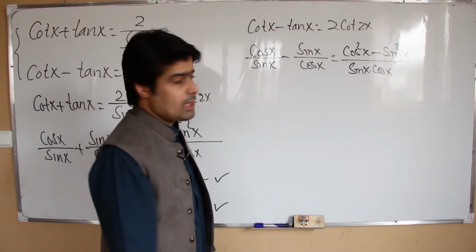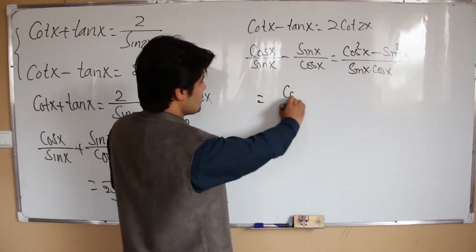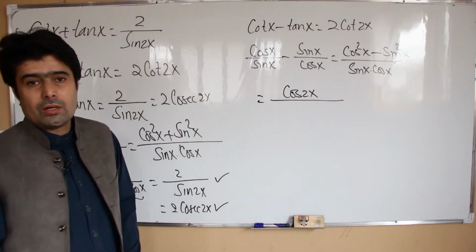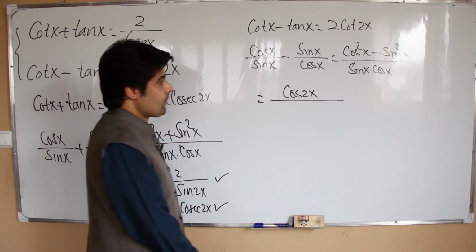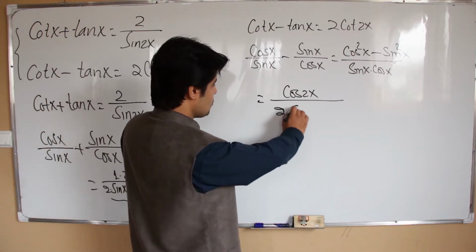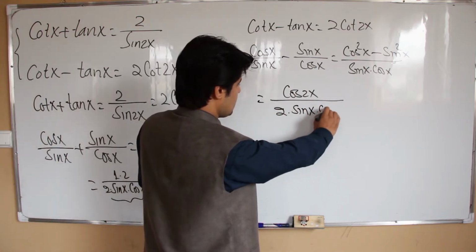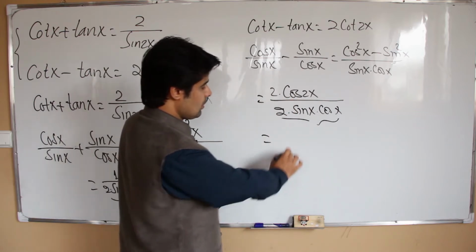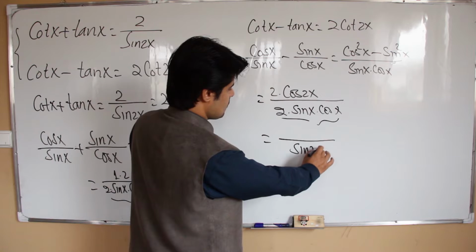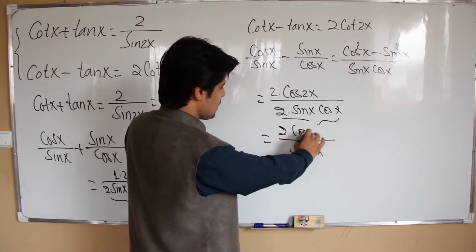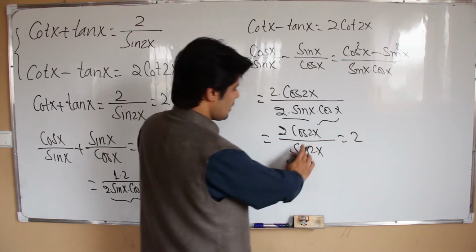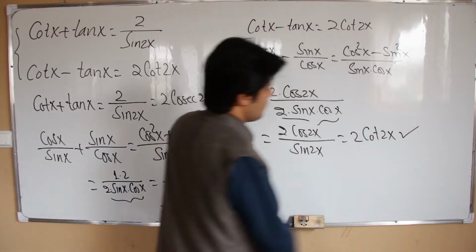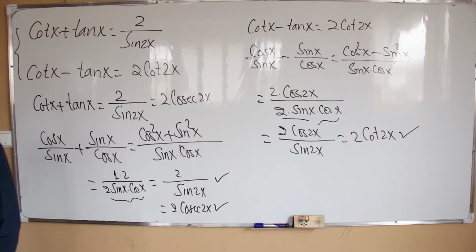Cosine square minus sine square is cosine 2x, the formula for cosine of 2 alpha. And if I put a 2 here, in sine x cosine x, and a 2 here, this is the formula for sine 2x. So here we have 2 cosine 2x divided by sine 2x. Now 2 cosine by sine is 2 cotangent of 2x. Write it please.